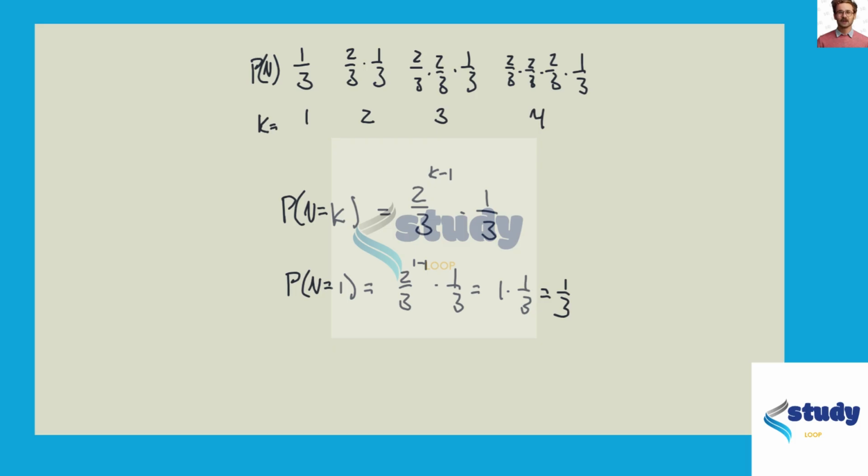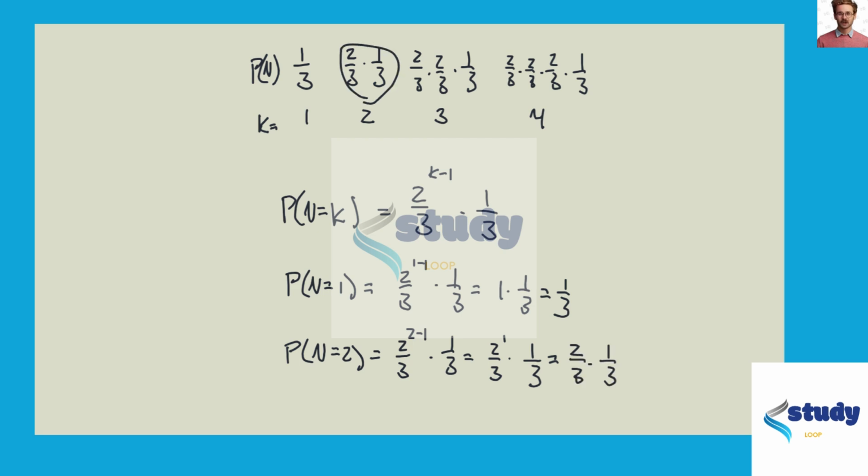When k is 2, P of n equals 2, we're going to get 2/3 to the 2 minus 1 times 1/3, or 2/3 to the first power times 1/3, or 2/3 times 1/3, which is exactly what we wanted to get. Or we could simplify it further and say 2/9. The point is that it's getting the correct answers.